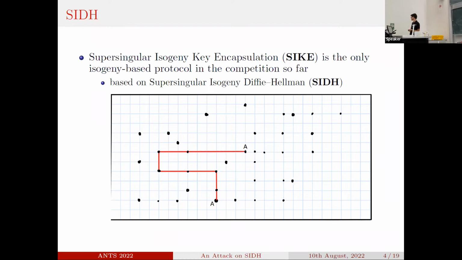And SIKE is based on SIDH, which stands for Supersingular Isogeny Diffie-Hellman, which is a key exchange. In a key exchange, you have two parties, Alice and Bob. Both parties agree on a starting curve, which is this one here. And Alice computes a secret walk in this graph and ends up at a point.